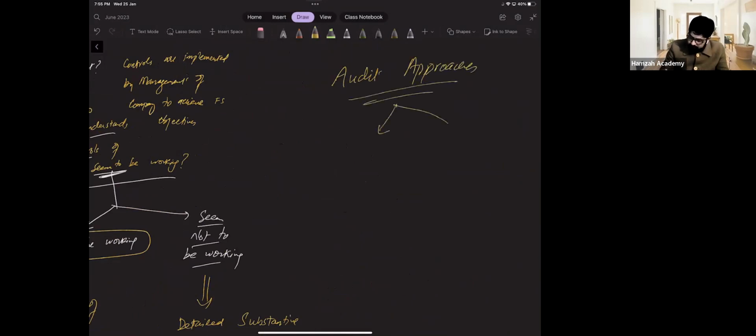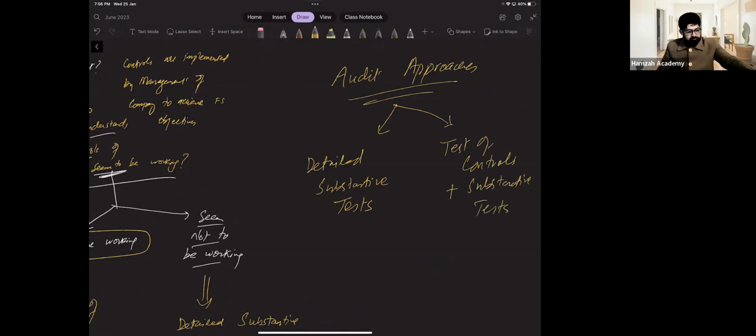One is detailed substantive test. Second approach, test of controls plus substantive test, both. An auditor decides this on which basis? Multiple factors. We will discuss those factors when we discuss audit planning. Right now, just know there are two approaches.